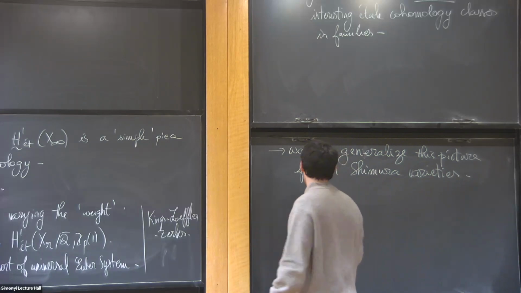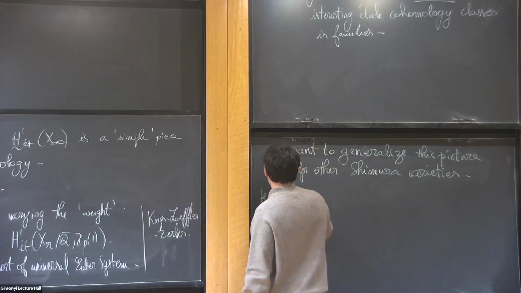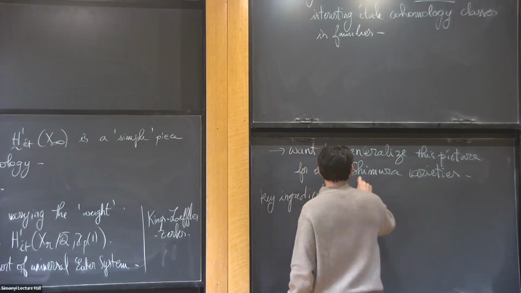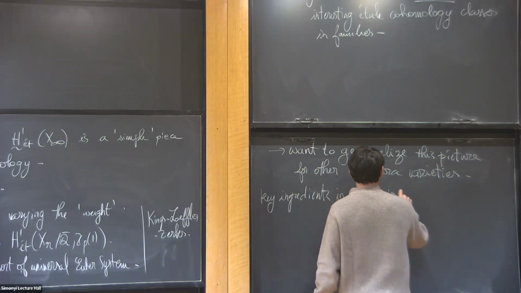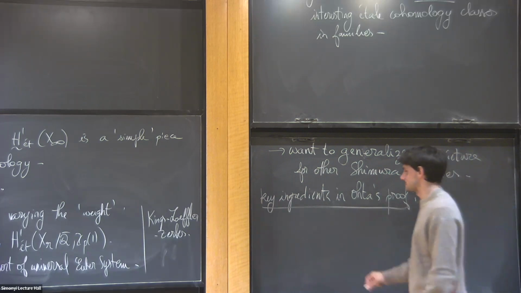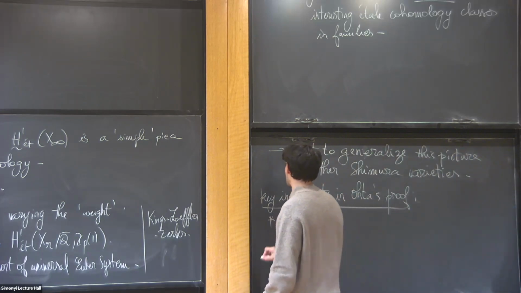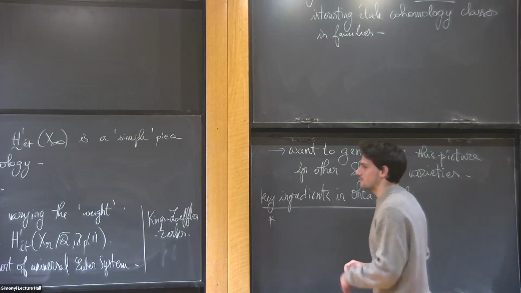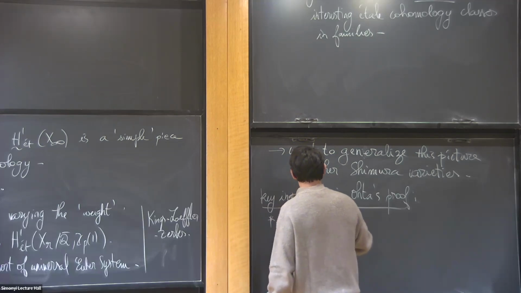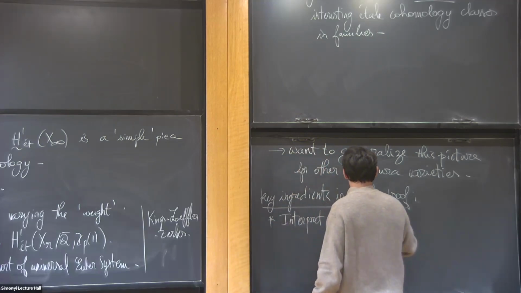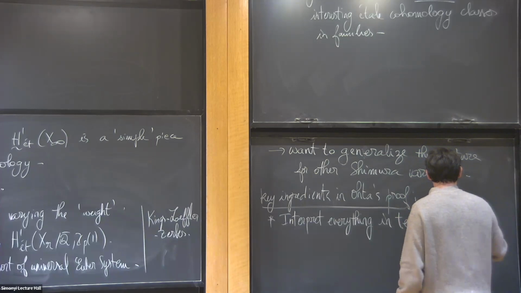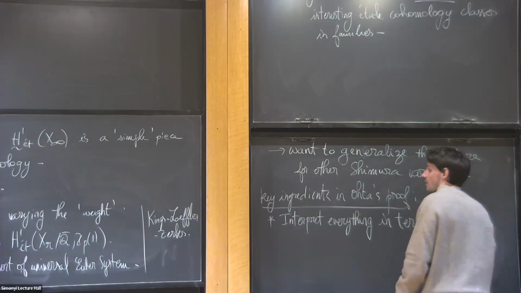If you want to do this, let's first analyze the key ingredients in Ohta's proof, and we see why it is difficult to generalize. Actually we will see it in the very first step. The very first step that Ohta does is interpret everything in terms of Jacobians of modular curves.